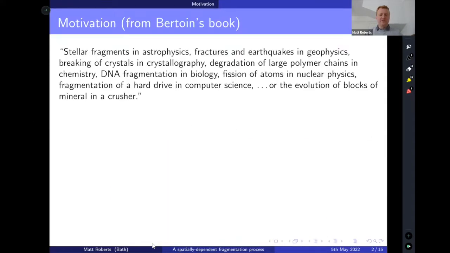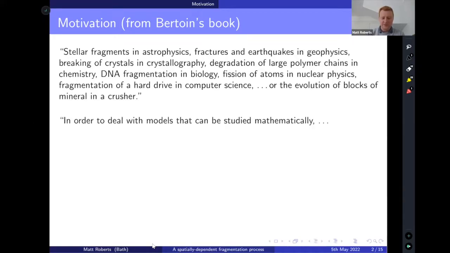So the motivation for this project came from the traditional mathematical theory of fragmentation. If you look in Bertoin's book, he gives some examples of processes that you might find in real life that involve things breaking up into smaller and smaller pieces that we want to model mathematically.